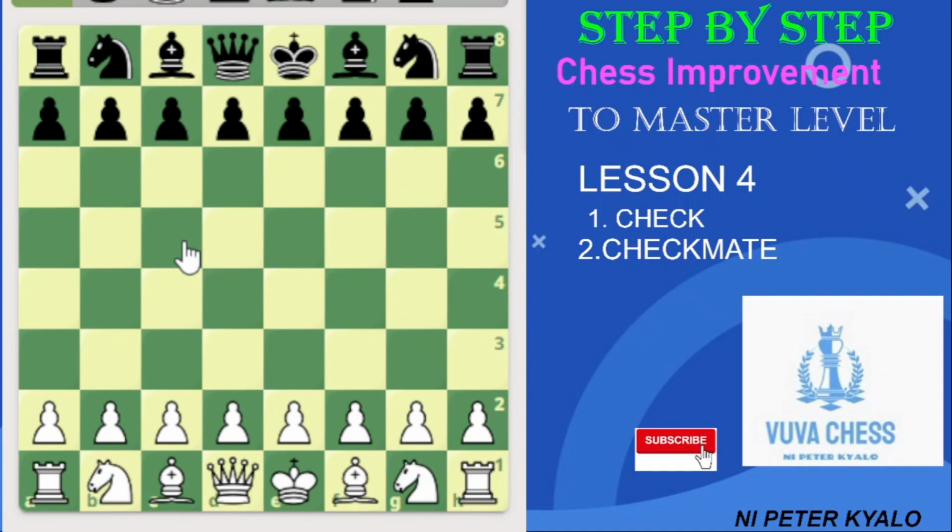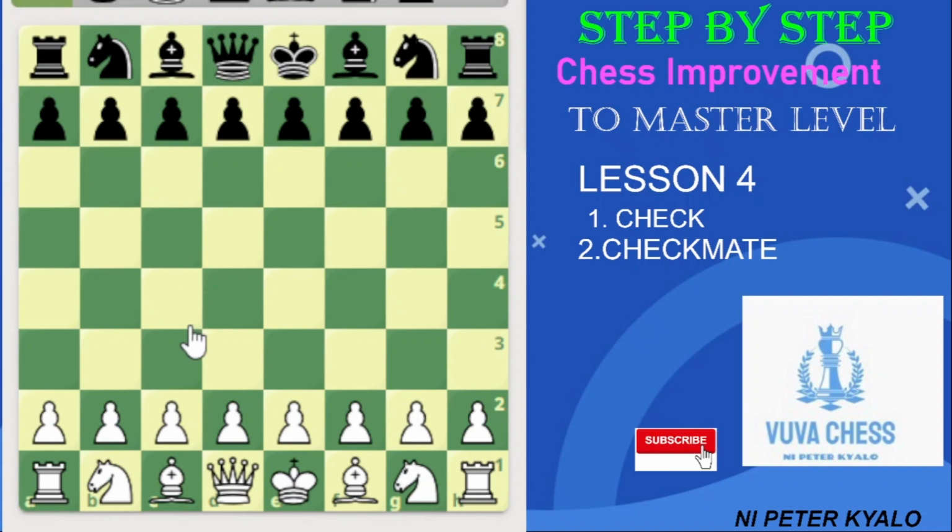So checkmate is a situation whereby we are not able to protect our king and our opponent is ready to capture him in the next move. So check is a threat to our king, like your opponent is threatening to capture our king, and checkmate happens when there is no other way we can prevent our king from being captured.